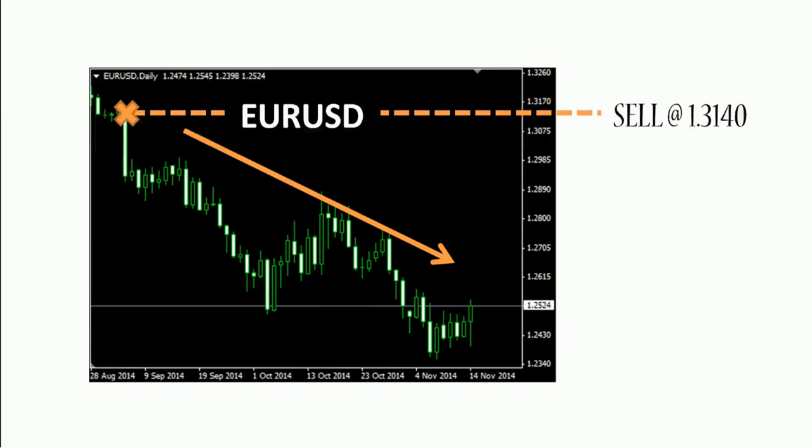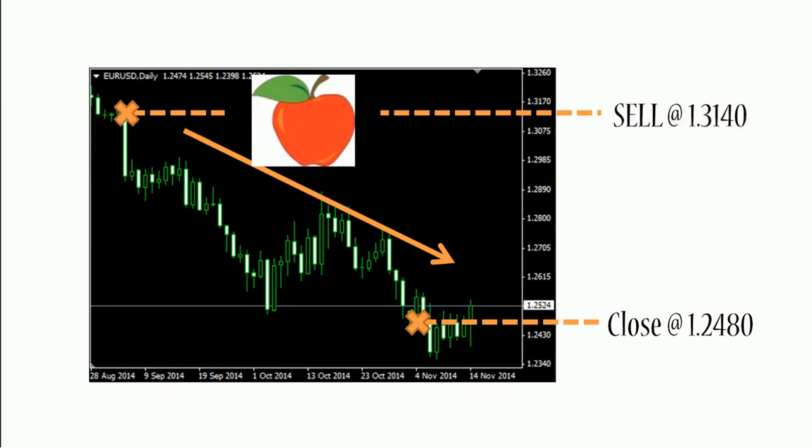He would sell at about 1.3140, and as we recall, that means that every 1 euro is worth 1.3140 US dollars, and then he would close the transaction at about 1.2480, meaning that in that point in time, every euro is worth only 1.2480 US dollars. So as we did previously, let's simplify this example by talking about apples.